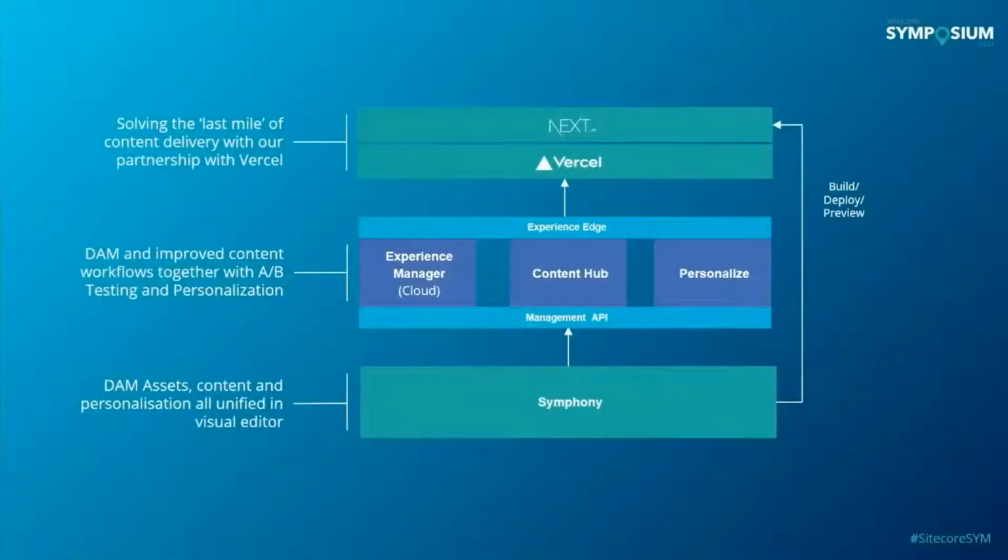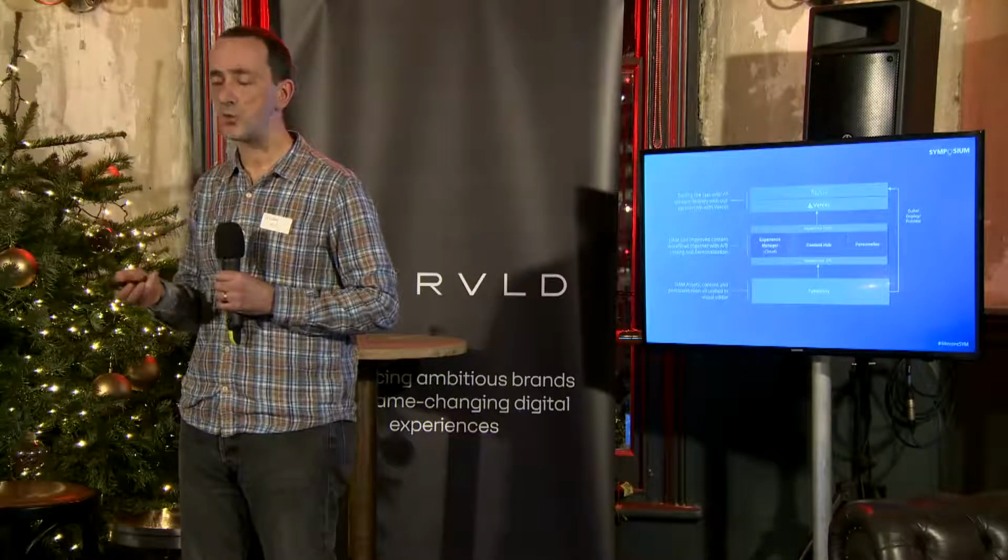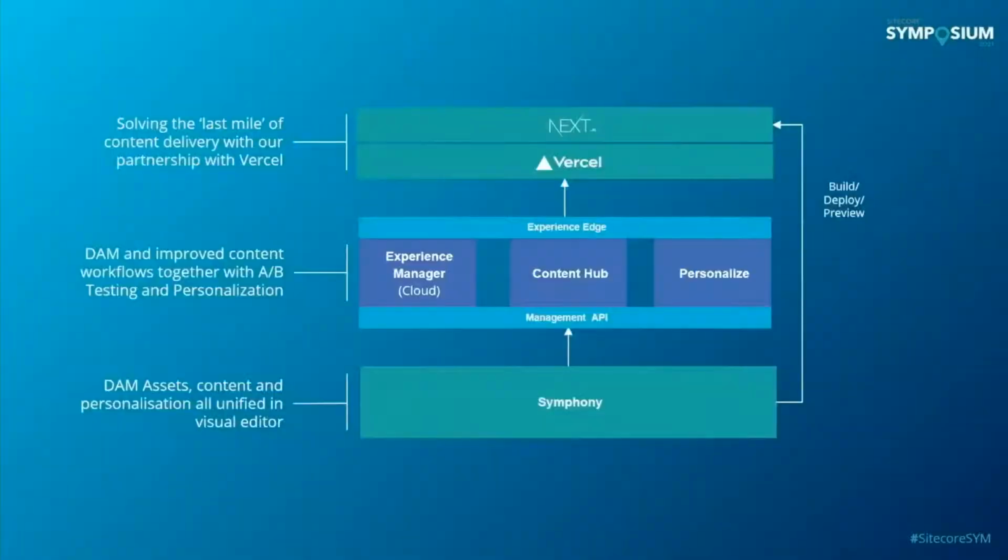So Sitecore's Dave O'Flanagan presented this diagram in his product keynote at the symposium recently. And there's a collection of interesting boxes here, which quite a few of them may be new to us. But the goal overall here is to give us a framework for a fully fledged SaaS content management system.